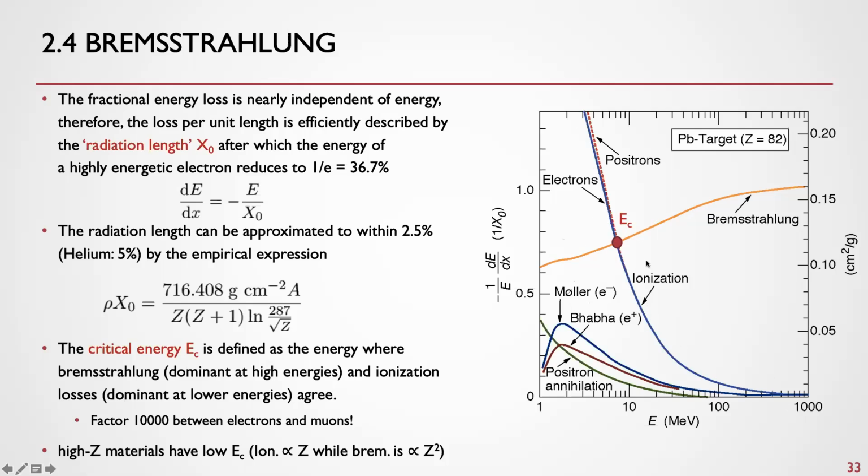So again, what happens if a highly energetic electron hits a material, it will enter somewhere here. Bremsstrahlung will be pretty high. It loses its energy, so it falls down here towards the critical energy. It will spend most of its time here and then be lost.